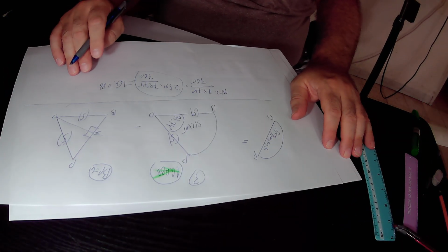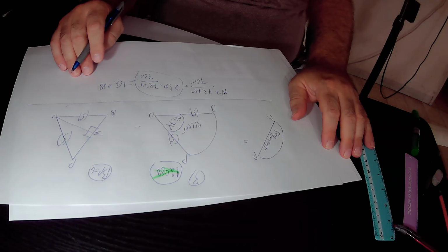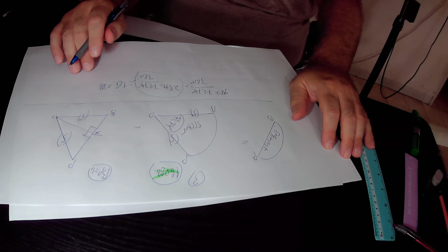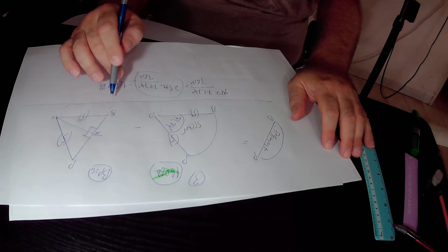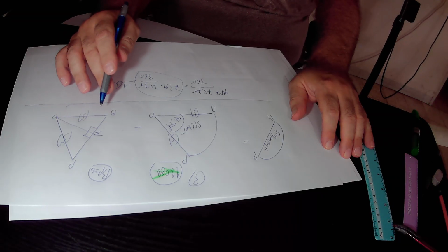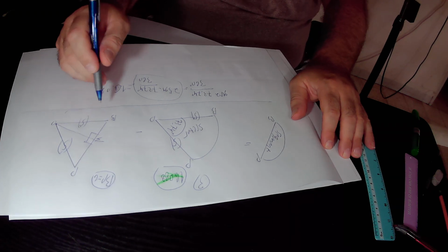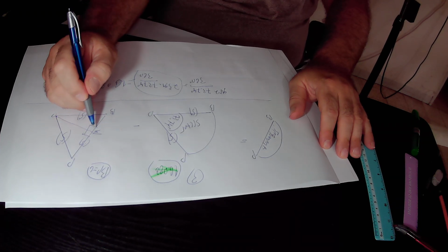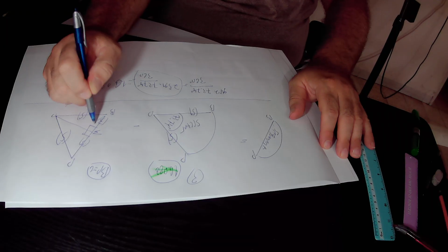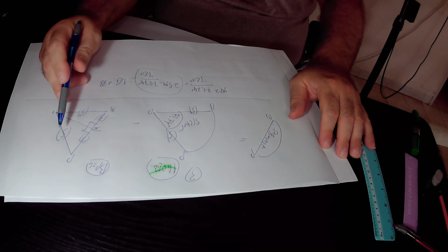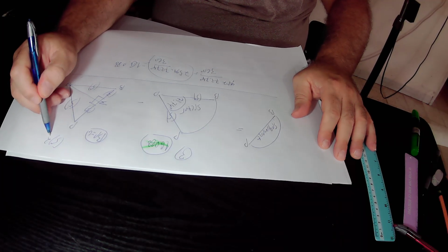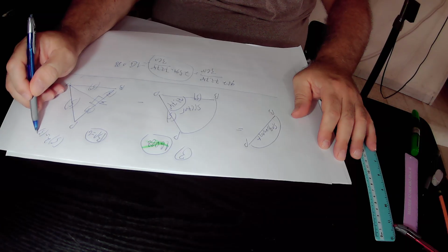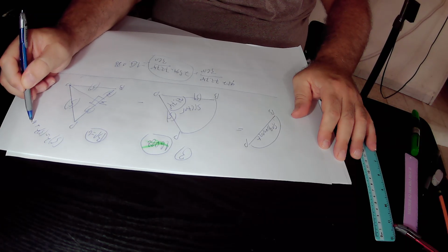We have the rule that the perpendicular to the base of an isosceles triangle bisects the base. So the perpendicular OM to the base PB bisects the base PB. PB is 6, therefore half of it is 3. So the first half is PM, that is 3, and the second half is MB, that is also 3. So in the right triangle MPO, 5 squared equals 3 squared plus MO squared, according to the Pythagorean theorem.